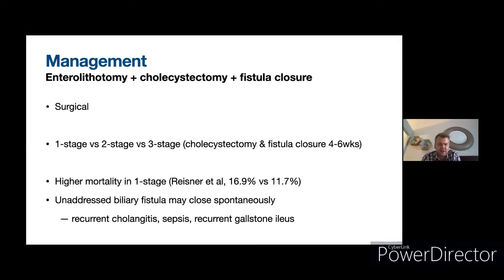There is a series showing slightly higher mortality in a 1-stage procedure, 16.9 versus 11.7%.